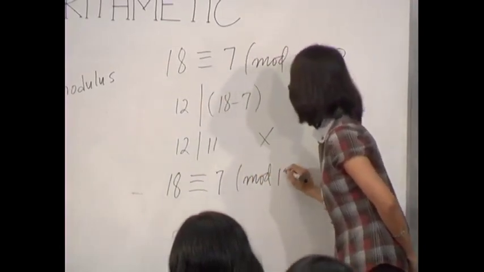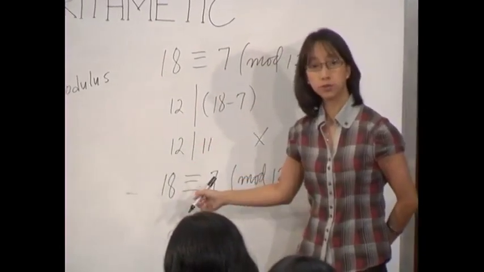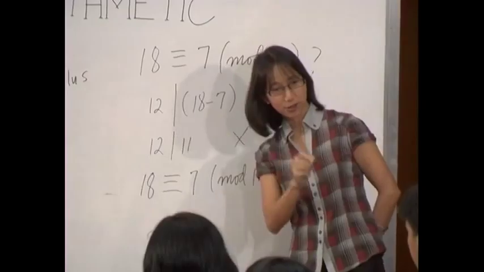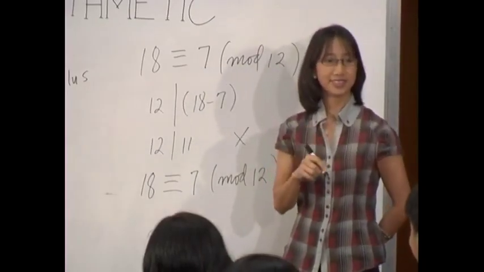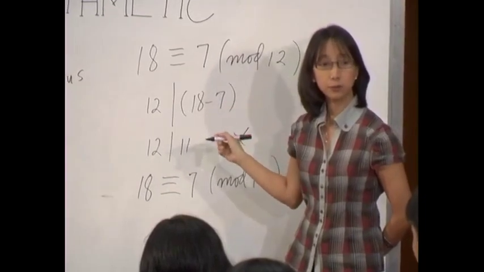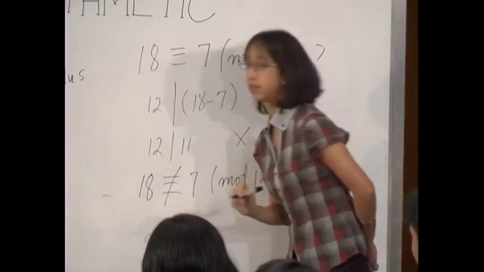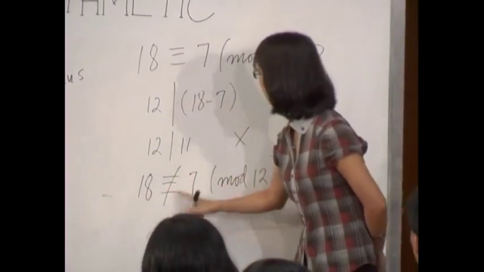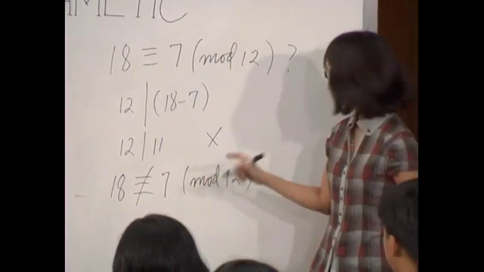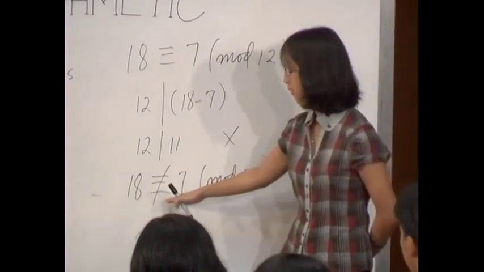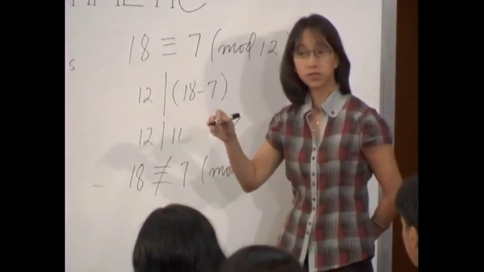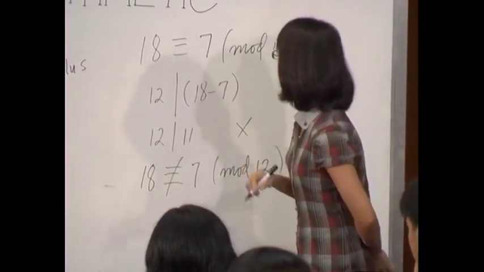And how do we denote that? What symbol do we use? Yes, JR? So, we need to put a slash there. That means 18 is not congruent to 7 modulo 12. Just like in the equality sign, we use a slash to denote inequality.